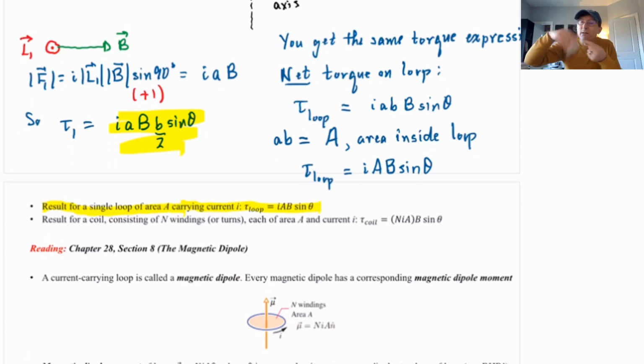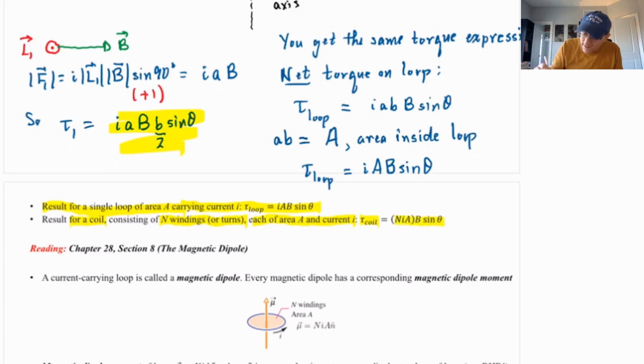So you wrap the wire around the frame multiple times. And the result is then called a coil, which is just capital N windings or turns, capital N loops, each having area A and current I. And you just get a multiplicative effect. And then the torque on this coil that you have made is capital N I A B sine theta.